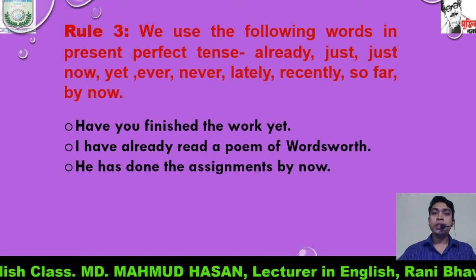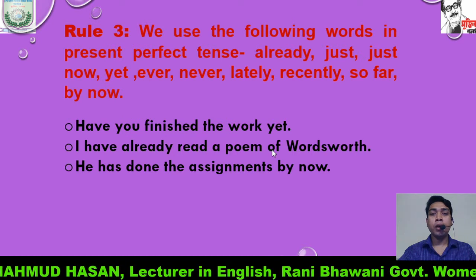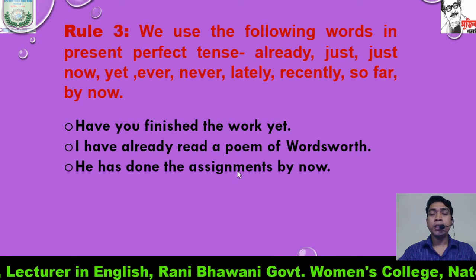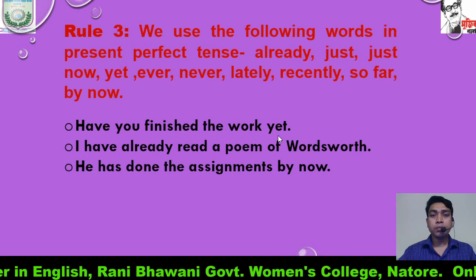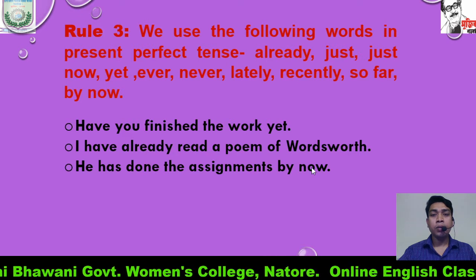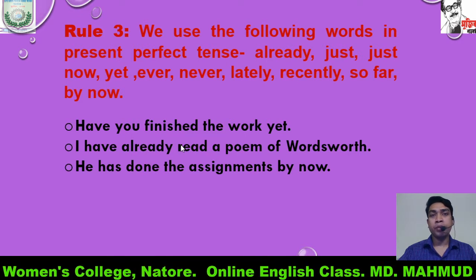Have you finished the work yet? I have already read the poem of Wordsworth. He has done the assignments by now. Yet, already, now, these are basically the indicators of present perfect tense.